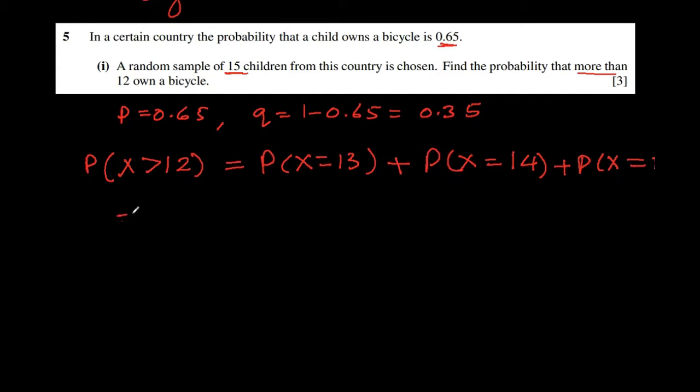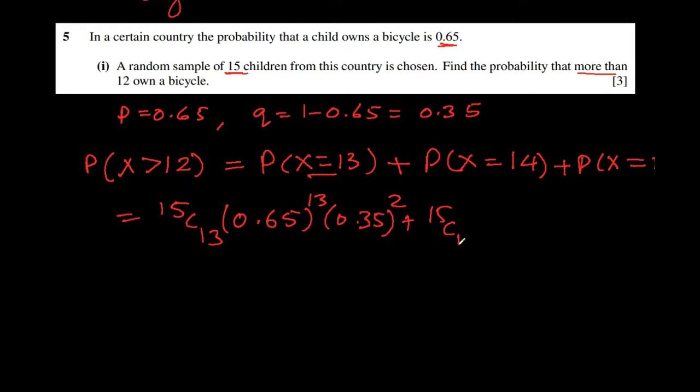So let's start with X equal to 13. It will be 15 C 13 because we want 13 successes. So 13 out of 15. The number of successes is given their probability, 13, and the failures get the rest, 2. 13 plus 2 is 15.